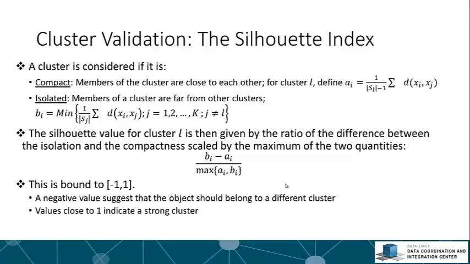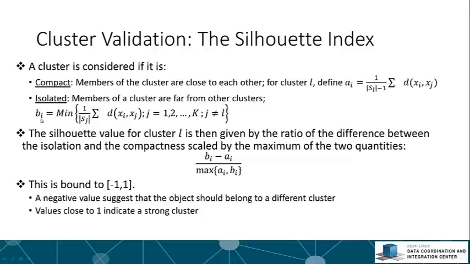Now the compactness is defined for each object I as this value a sub I, and this is simply the average dissimilarity of that object to every other member of the cluster to which it belongs. If this is a small value, that indicates that the cluster is compact.